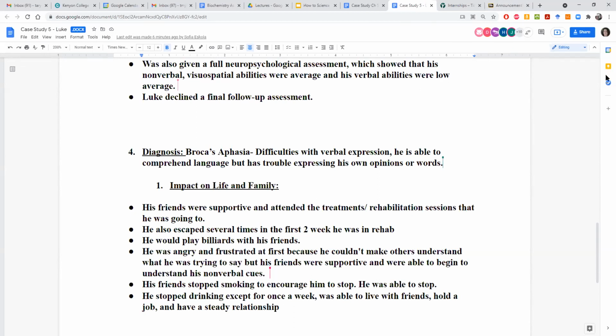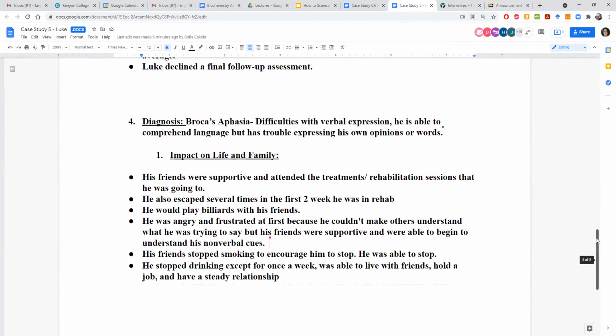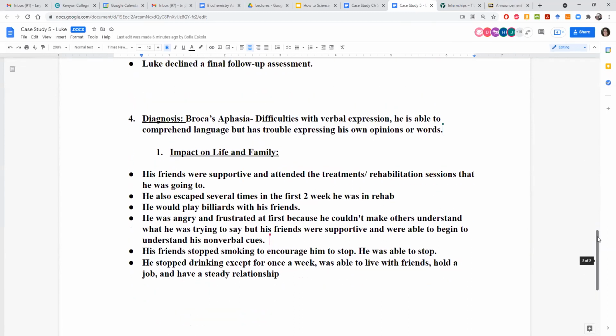So I recommend getting friends like Luke's friends, because they were very supportive, and they even attended the treatments and rehabilitation sessions with him. There were some times when he escaped several times from rehab, but his friends encouraged him through pretty much everything. They encouraged him to stop smoking.